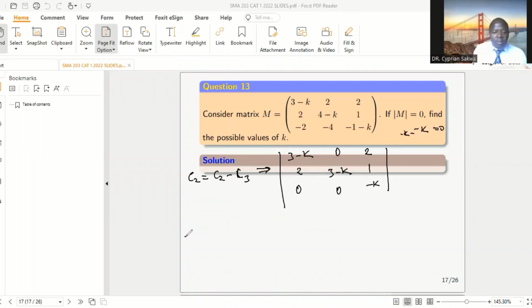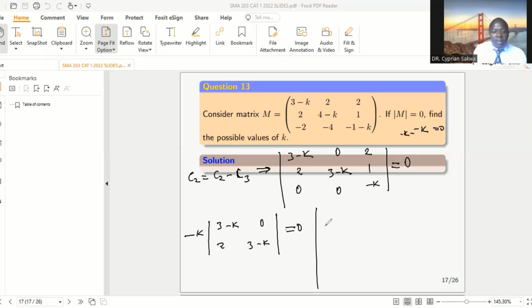So it's positive k into, when I delete the row of k, negative k, and the column of negative k, I'm left with 3 minus k, 0. And I'm left with the 2, 3 minus k. This determinant was to be 0.